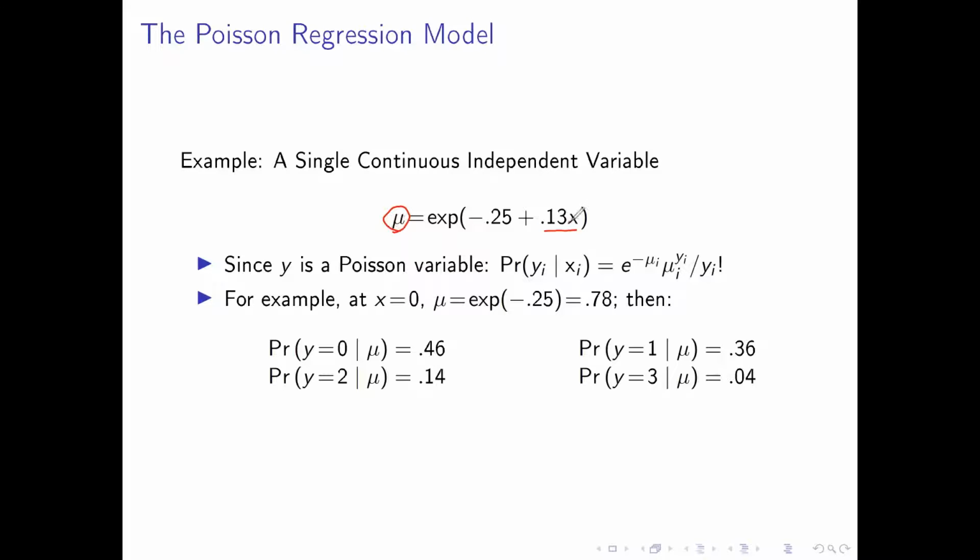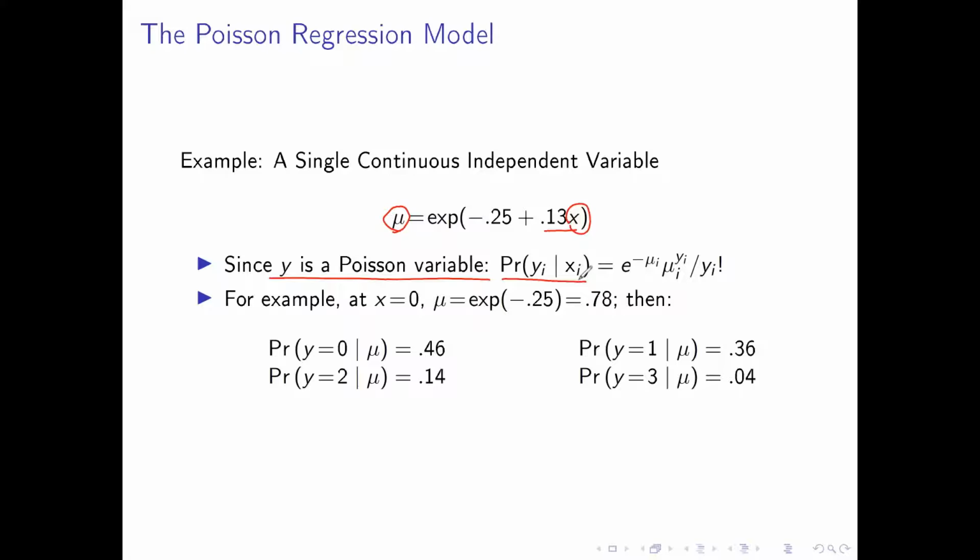In this case, it is determined by that single continuous independent variable. If individuals have the same values for that variable, then they're going to share the same mu here, that is the expected count in the population.